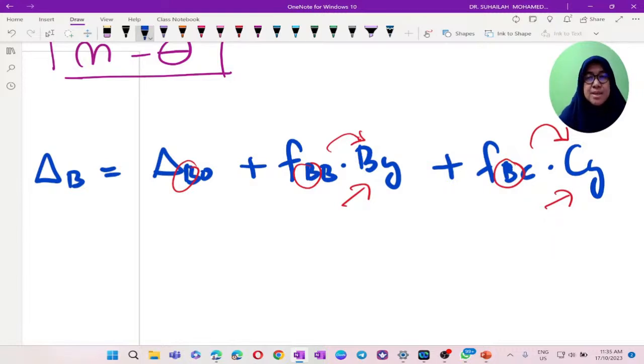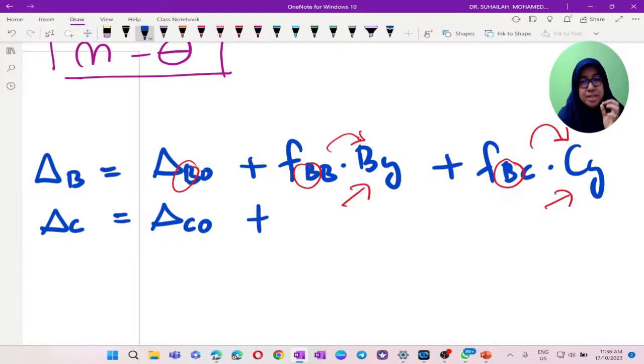At position C means delta at C in the actual beam. Delta at C in the primary beam we label as delta C naught. And we have to add, starting with C, the position C, redundant BY.